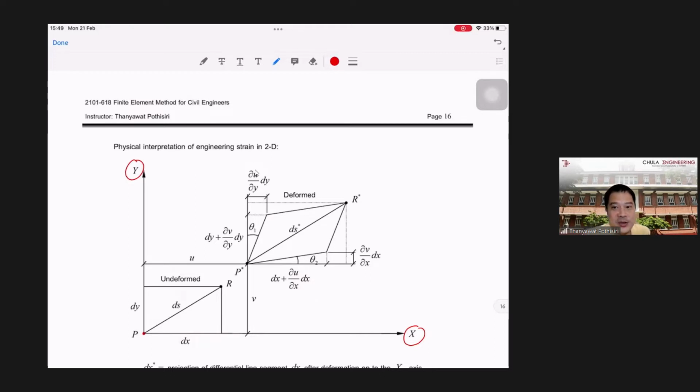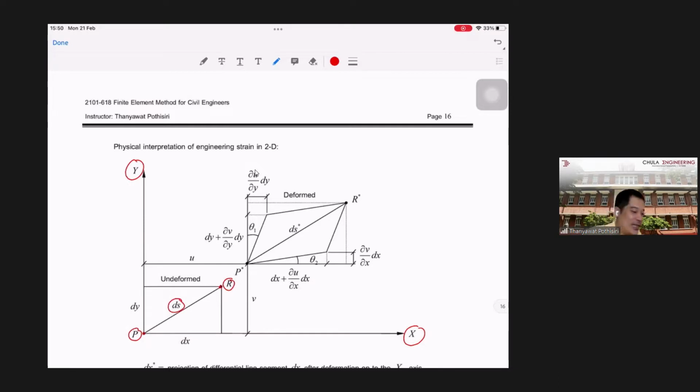Okay, because there's no deformation to be described. Okay, it's only a movement of the point. So in order to describe deformation, you need to have another point, please. So you need to have this point R and P and connect this line between the two.